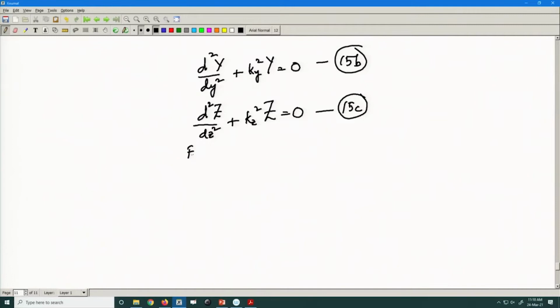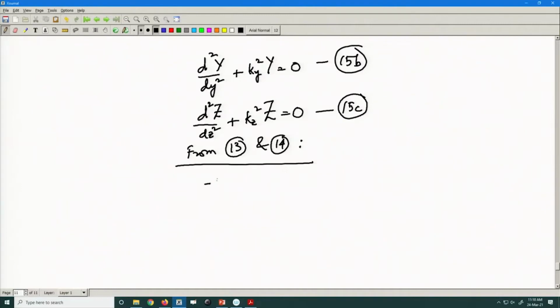Also, from 13 and 14 we have the relationship between k x, k y, k z and k.